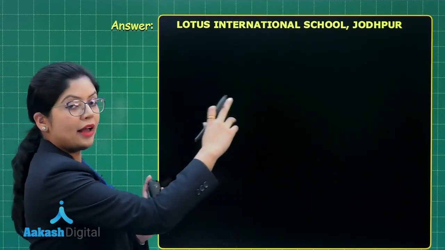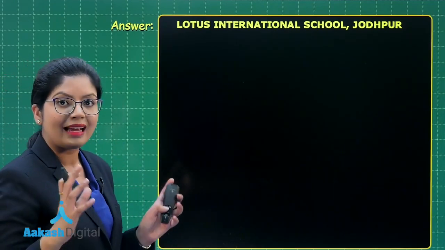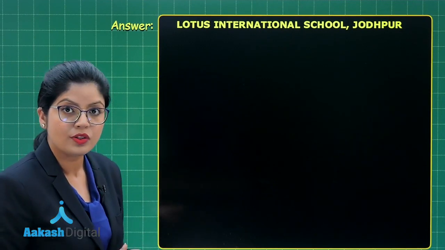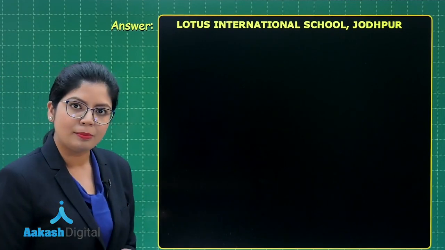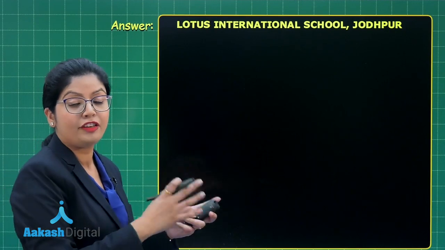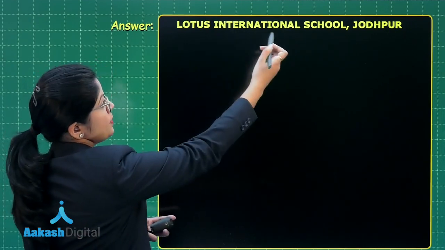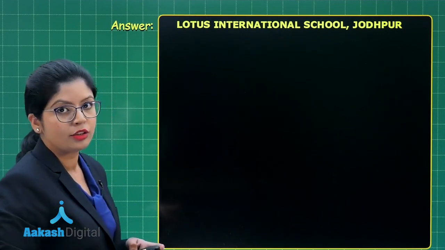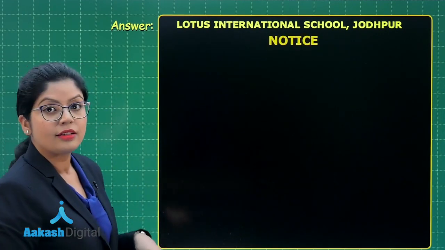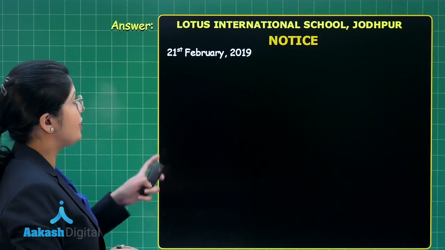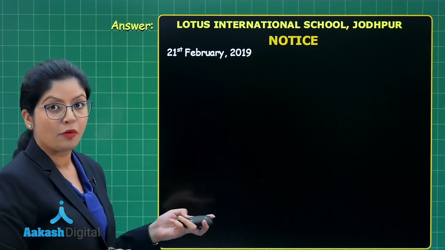Make sure you have a neat box that encompasses your notice. It's not mandatory to make this box, however, it definitely makes your answer a presentable answer. You begin your response by writing the issuing authority, then write the word notice. After that comes your date in full format.